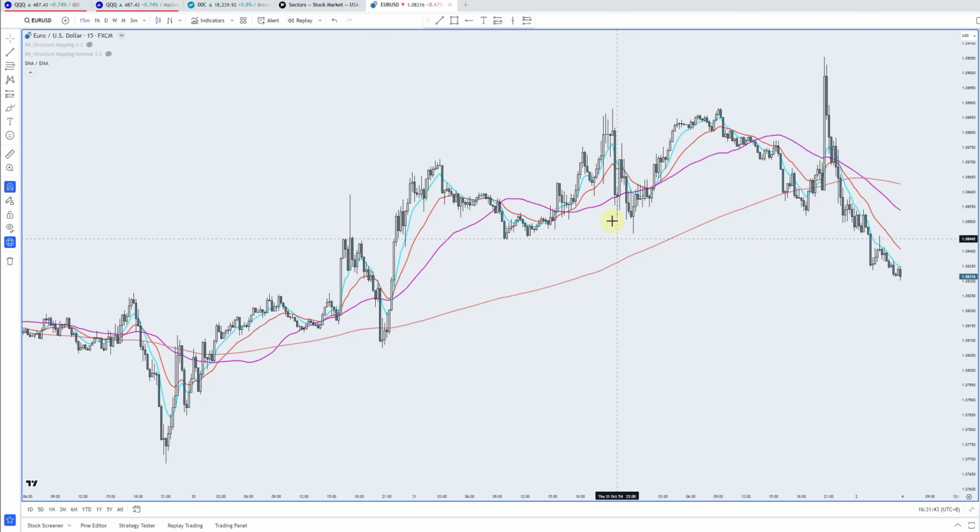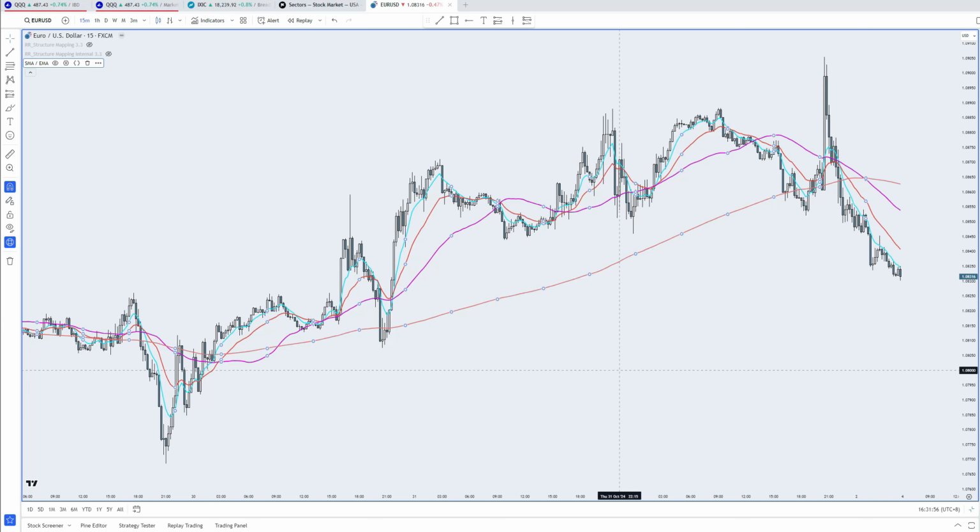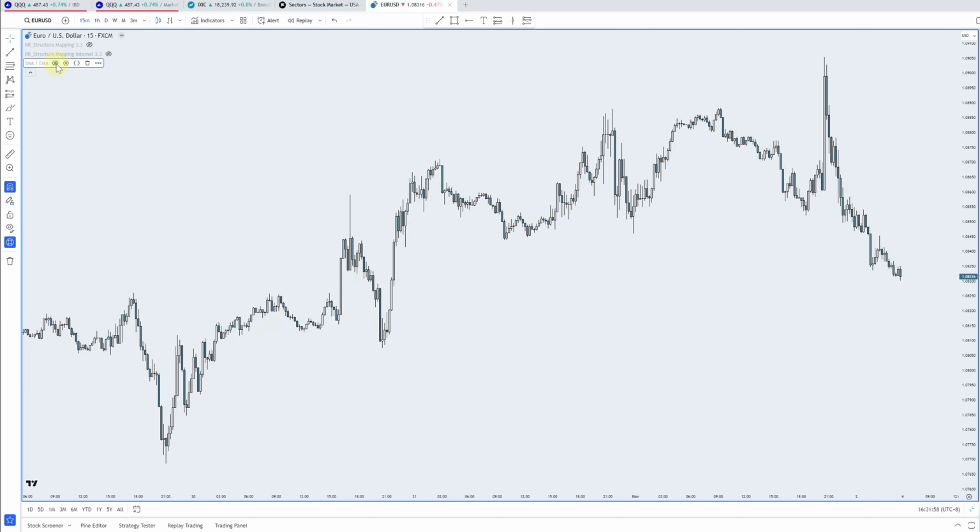You see, these are my defaults, 8 and 21, these are EMAs, and 50 and 200, these are SMAs. Okay. So in this case, you have only one indicator for 4 moving averages.